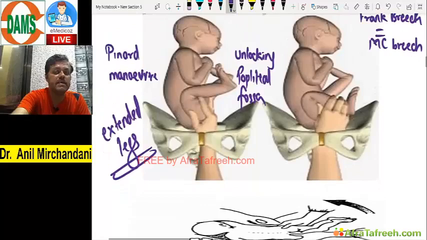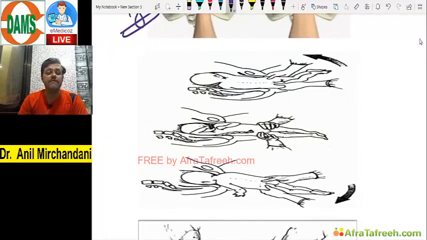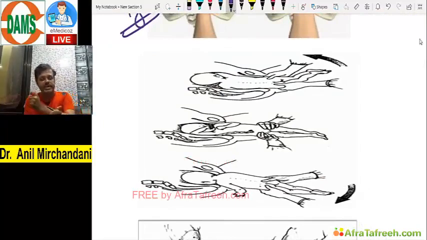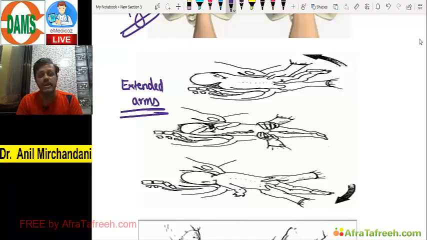Okay, guys and girls, after that there is one picture which is commonly asked in exam, where the baby is rotated in order to release the extended arms. In this maneuver, you are rotating the baby in order to release the extended arm.